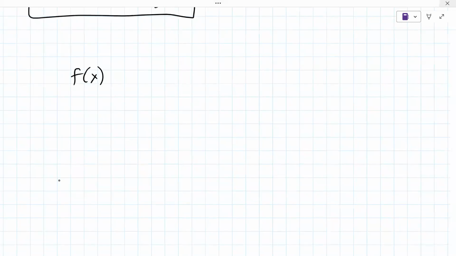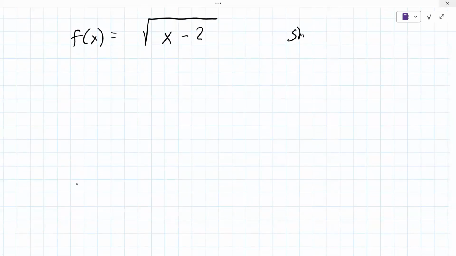Let's say f of x is equal to the square root of x minus 2. Okay. Is this a shift to the right or to the left? I would say that's going to be shifting to the left.